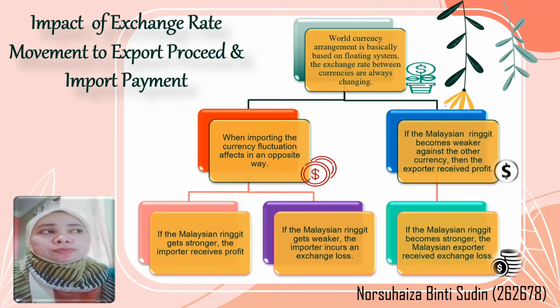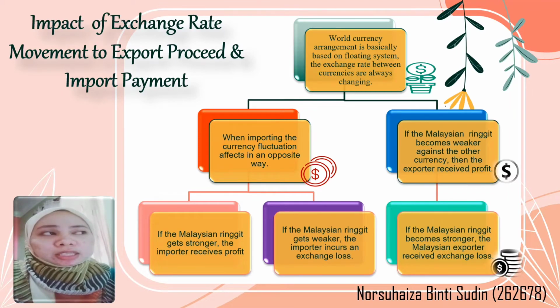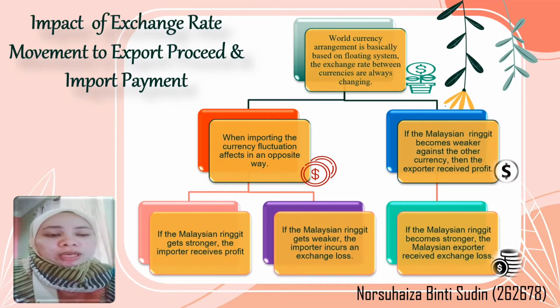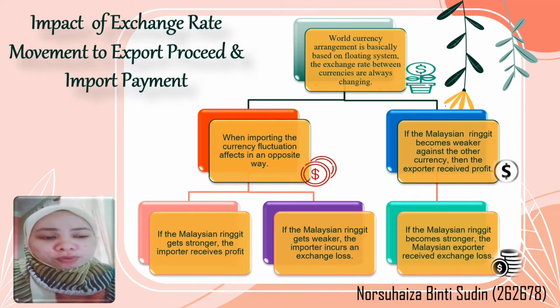Next we move to the exporter side. The impact of exchange rates on export proceeds is if the Malaysian ringgit becomes weaker against other currencies, then the exporter receives profit. A weak ringgit means the price of Malaysian products falls in foreign markets.